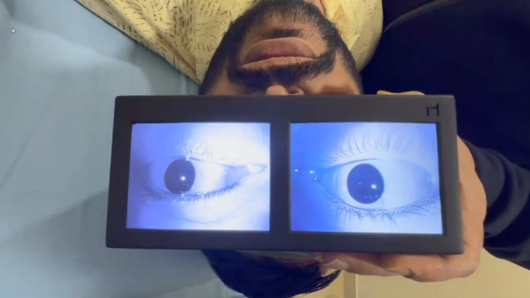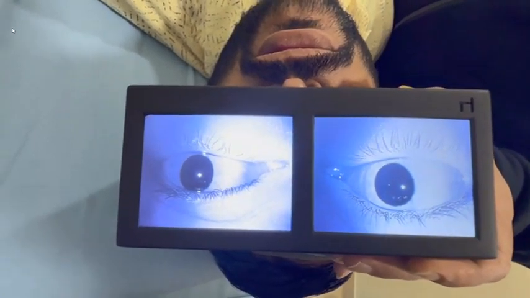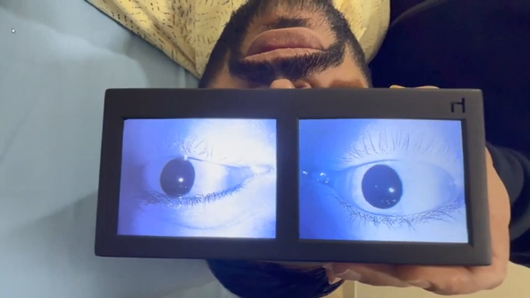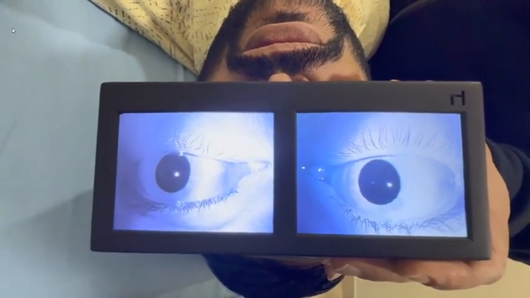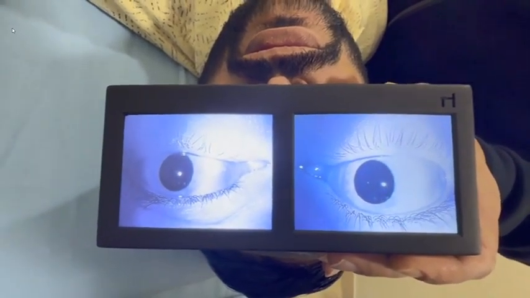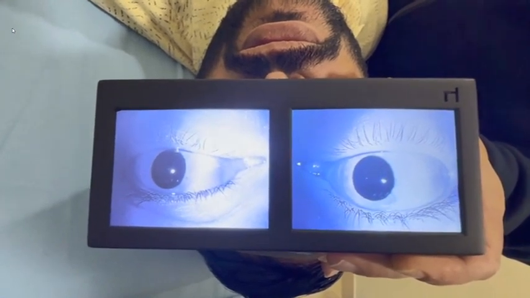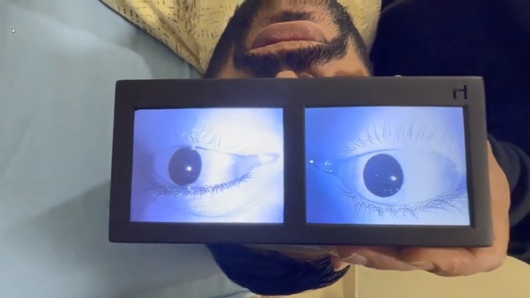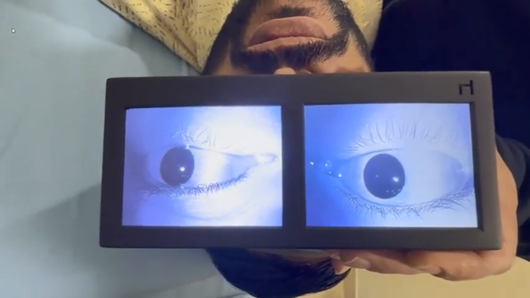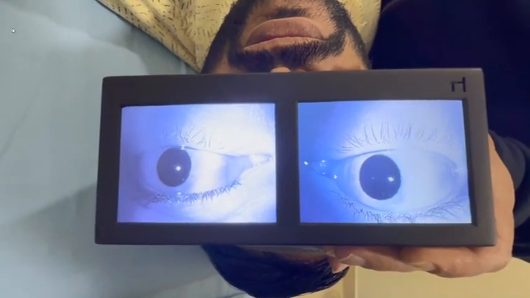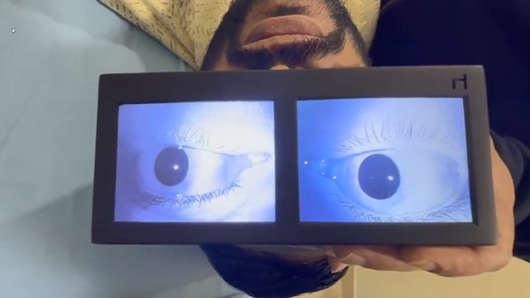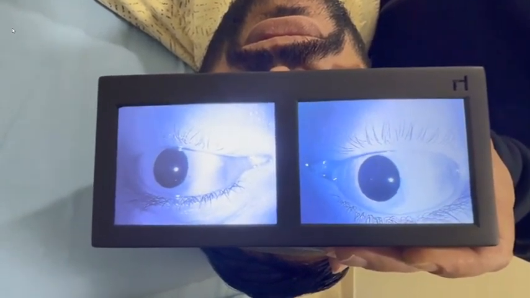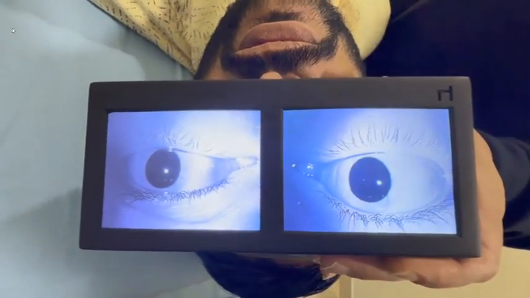In this patient, right lateral recumbent with nose down would be the inversion position. And what do we expect if it is left posterior semicircular cupulolithiasis? Then the cupula would be positioned 180 degrees to the opposite side. So what will happen?